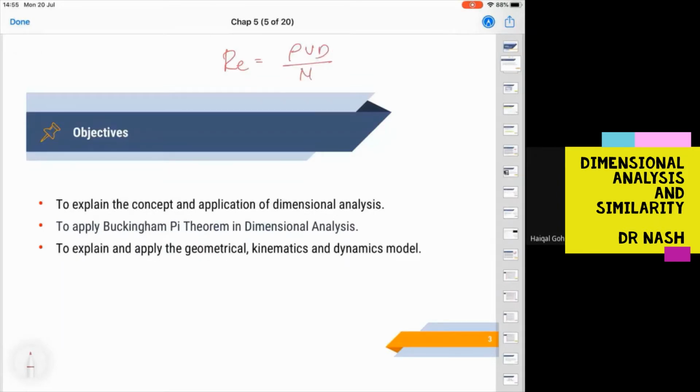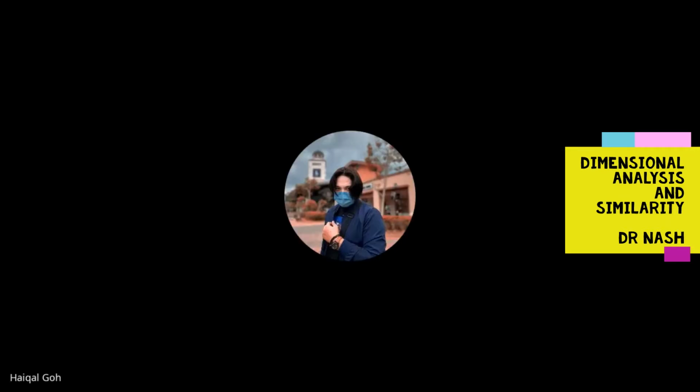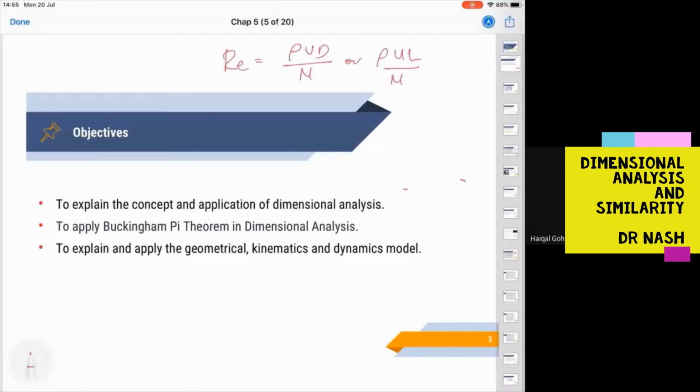So how come they get Reynolds equal to rho vd over nu? Ataupun sometimes they use rho u l over mu, length, either length or diameter. U also referring to velocity, v also referring to velocity, and then mu, the viscosity. So there are actually a few theories that scientists use to come up with that kind of intelligent equations, like Reynolds number.